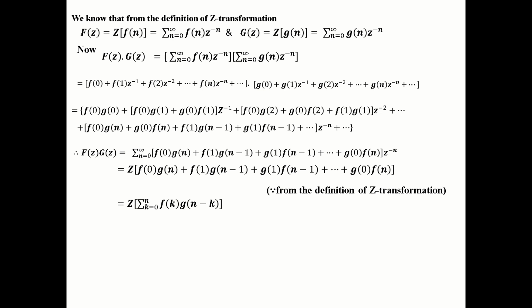You take like that, and then multiply by g(n minus 1). Similarly, the kth term is f(k) into g(n minus 2). See, for the first term f(0), g(n minus 0). Then f(1), g(n minus 1).